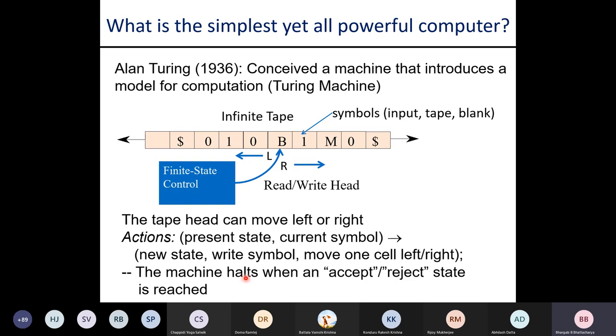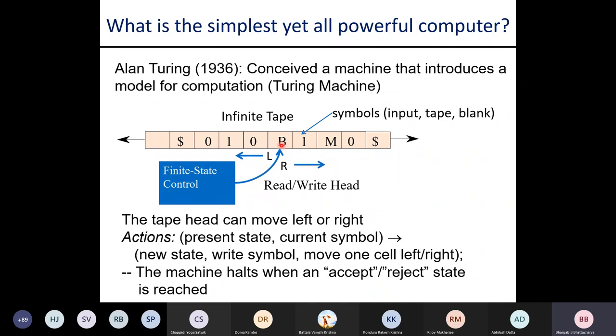And the machine halts. Whatever program or algorithm you want to write has been encoded here, and the input is also encoded in the tape, and then you start the machine from the start state.